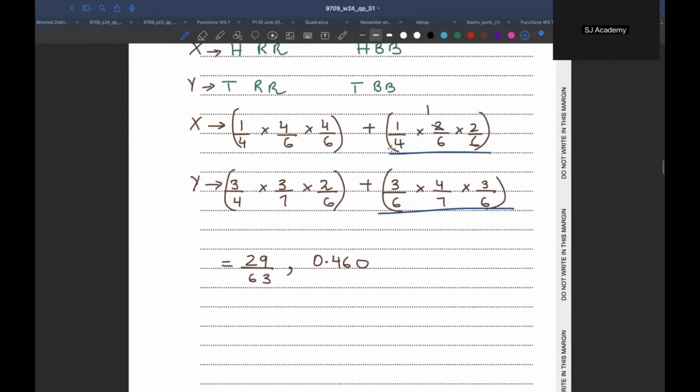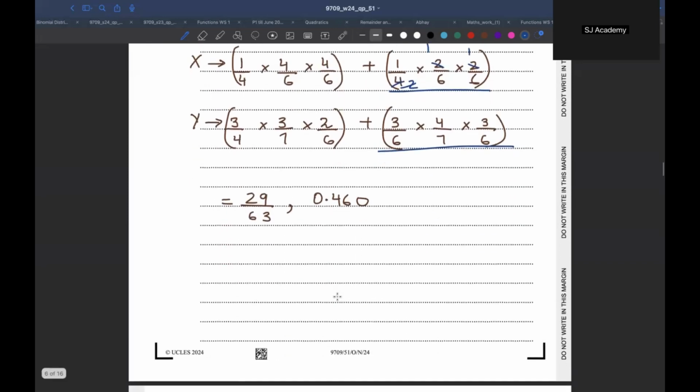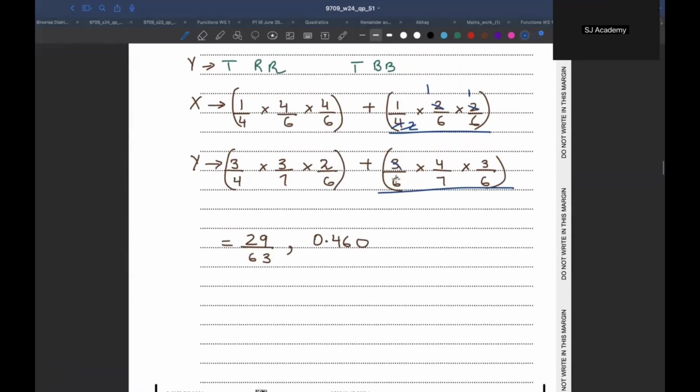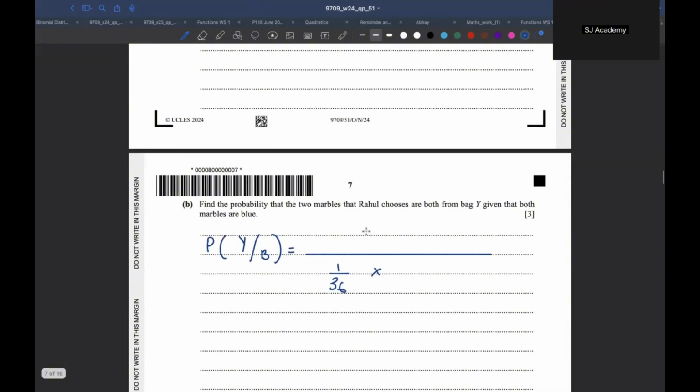Let me just first simplify this. So this will become 1 upon 36, multiplied by, this will become what? 3 1 times, 3 2 times. This will also cancel out with 4. So we'll have 1 upon 7.